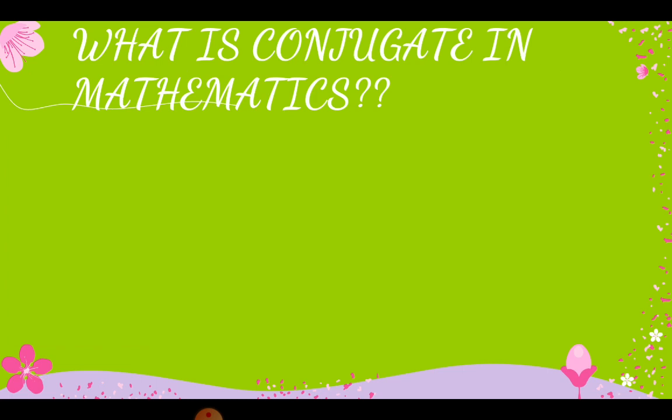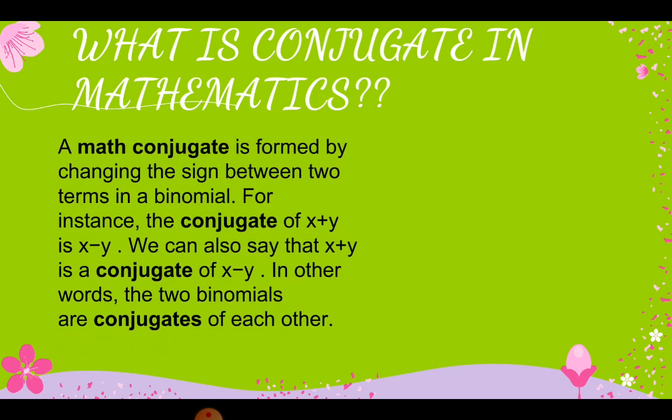What is a conjugate in mathematics? First of all, we need to know what a conjugate is. A math conjugate is formed by changing the sign between two terms. Changing the sign, so this is the keyword, between two terms in a binomial. For instance, the conjugate of x plus y is x minus y. We can also say that x plus y is a conjugate of x minus y.